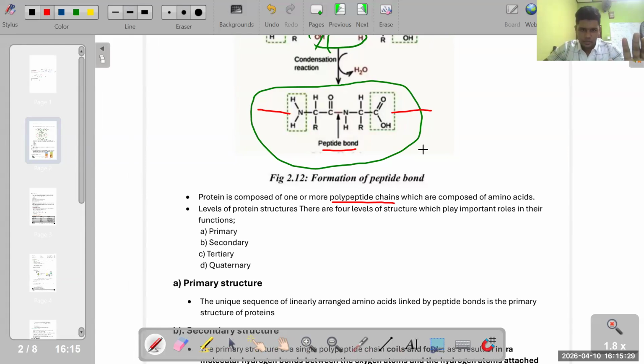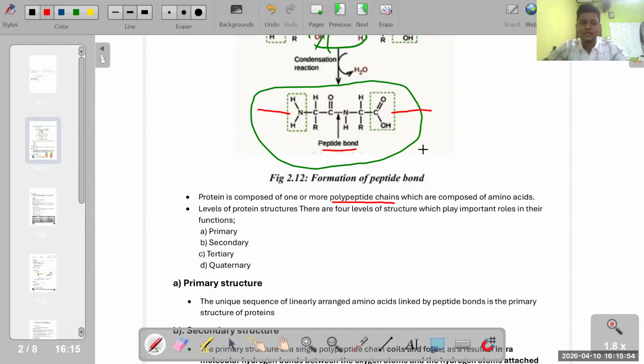Relation to glycosidic bond? No, the glycosidic bond was formed in carbohydrates, right? It is a bond that is formed like the peptide bond in proteins. The glycosidic bond was formed during the disaccharide formation. But what is common for both glycosidic and peptide bonds?